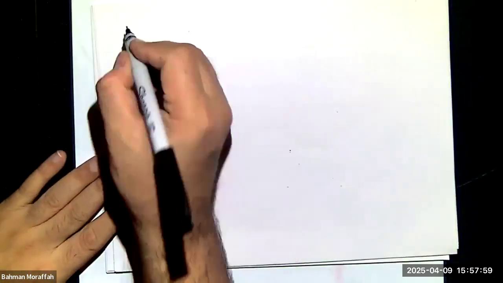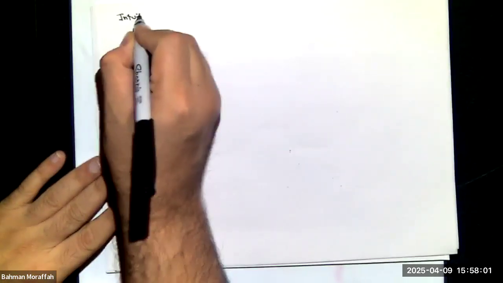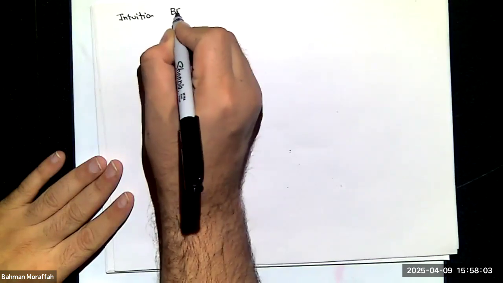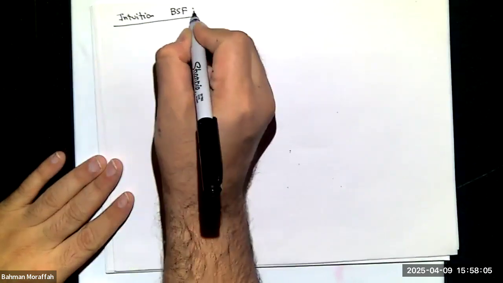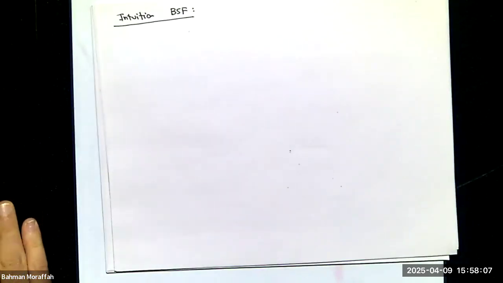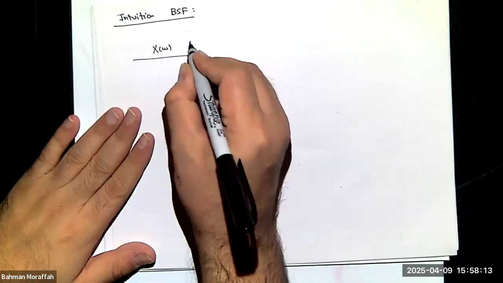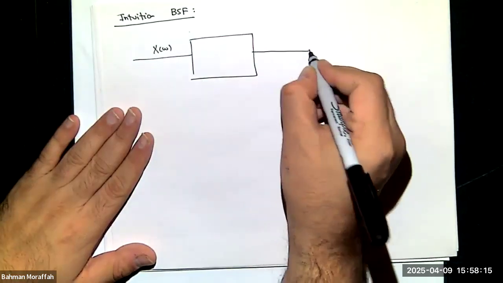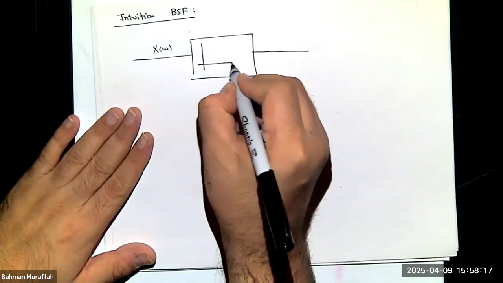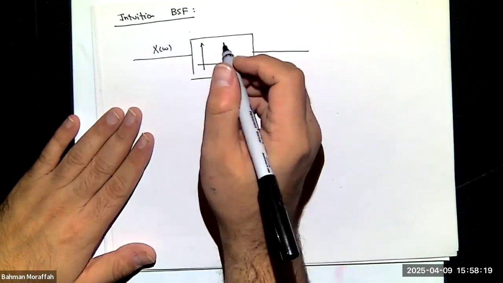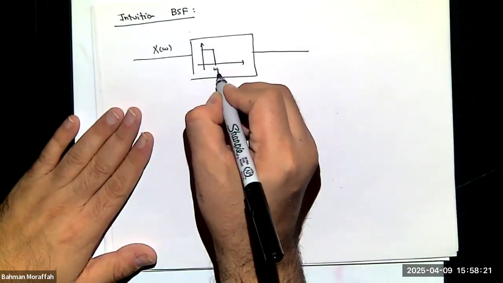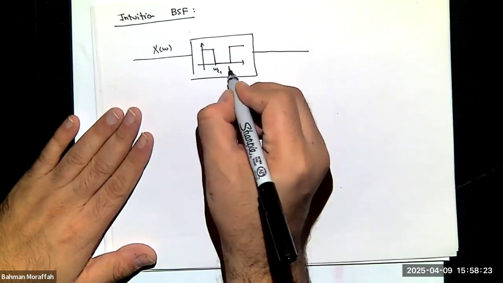And we can do the same thing for the bandstop filter, for intuition. Again, remember a bandstop filter. If I have my X of omega going to my system, I know the ideal bandstop should look like this: omega C1 and then omega C2.